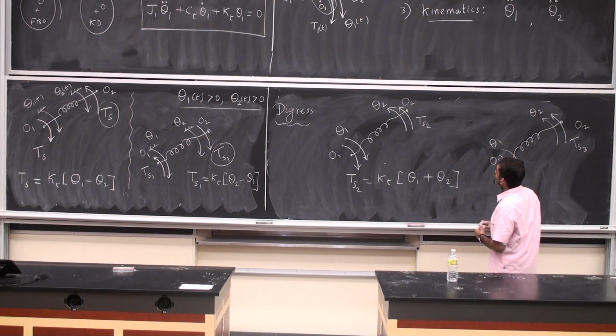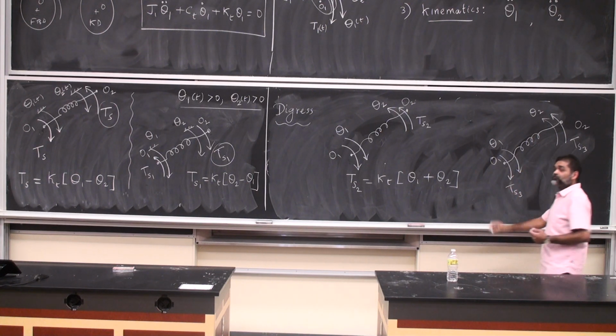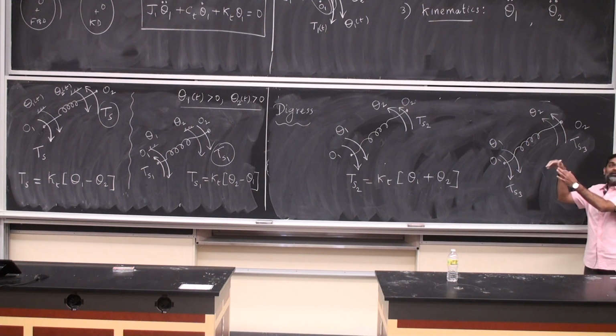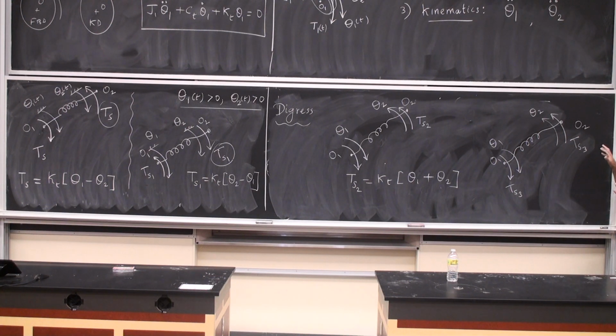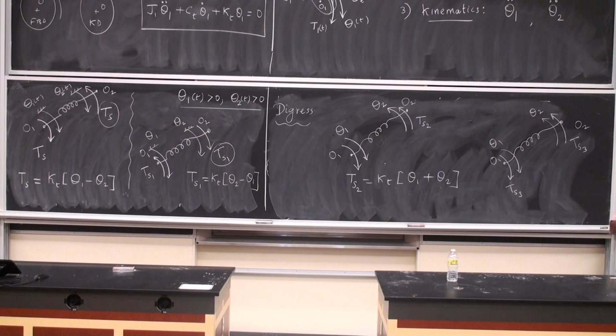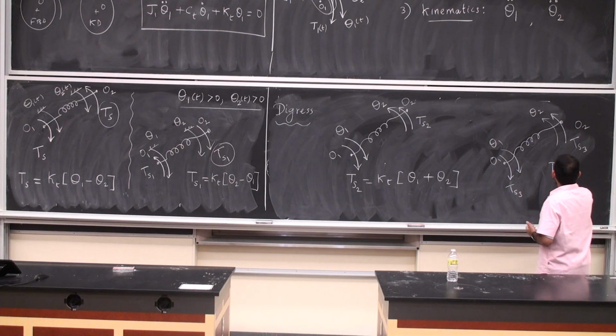This is TS3. I'm still focusing on this side. You see? What should be the magnitude of the torque? I see that theta 1 is counter to theta 2, which means that the amount of torque I need to twist the other end of the spring O2 by is going to have an additional burden because theta 1 is at loggerheads with theta 2.